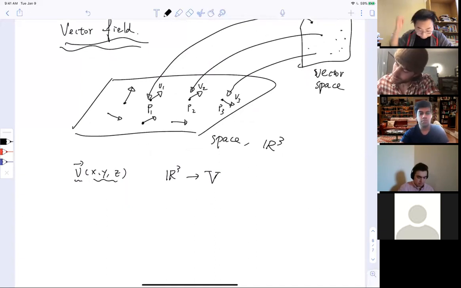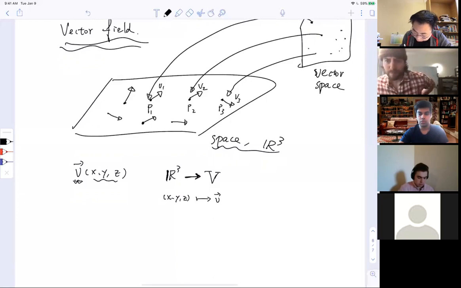And this point itself is in a 3-dimensional space, where you can write (x, y, z) to a vector. Between spaces, the map between space and space, we use this kind of arrow.